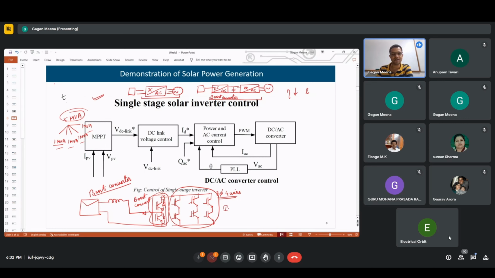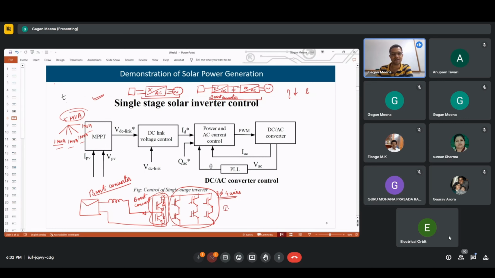When we cut ourselves, let's say our finger is cut by a knife, we bleed. Blood is lost. Similarly, when the inverter is not in use, there is still some energy stored in the capacitor.